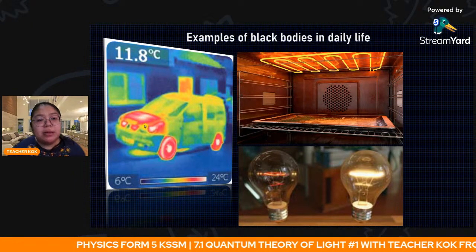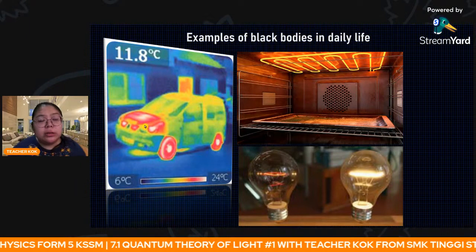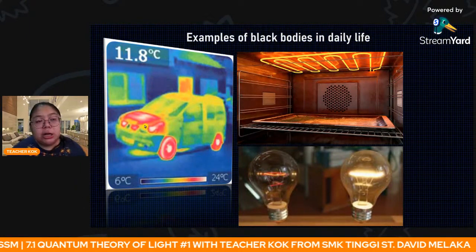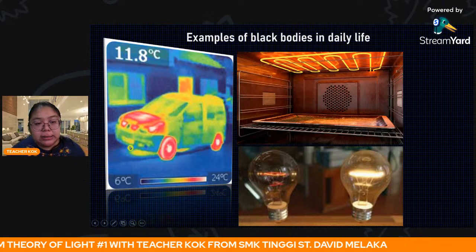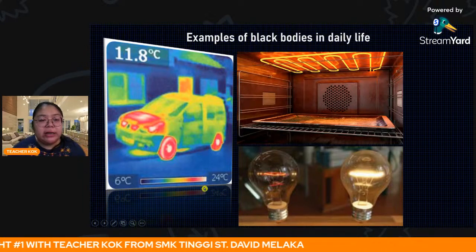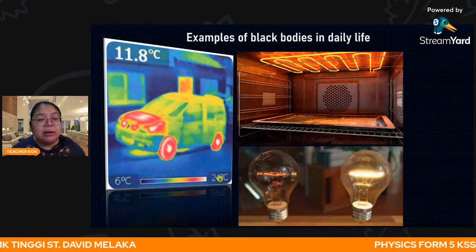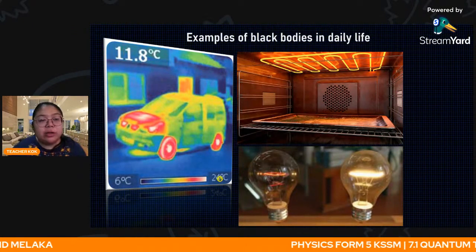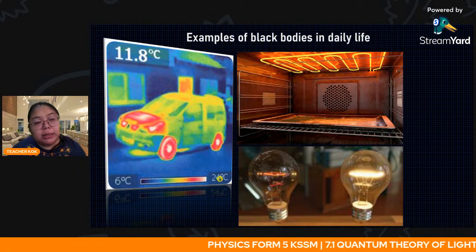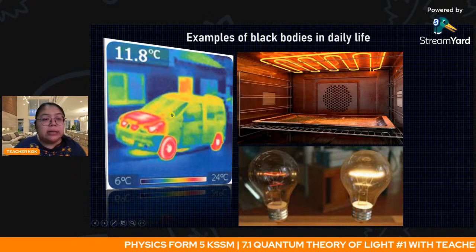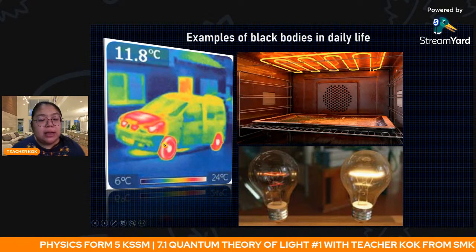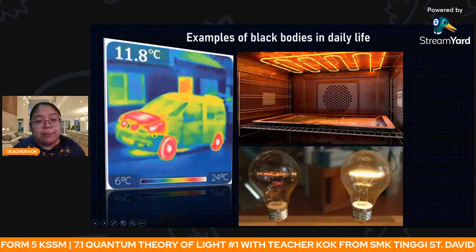When they emit thermal radiation, they follow the color temperature. So when they release thermal radiation, the red color indicates a high temperature.